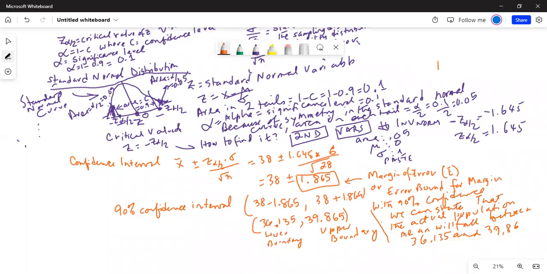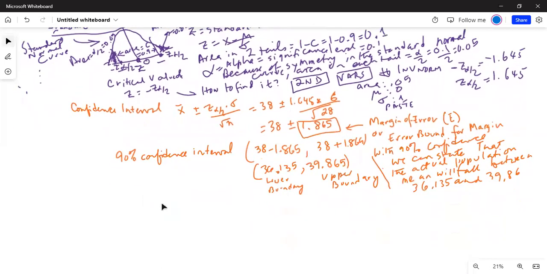Now the same thing can be done with the calculator. So I'll show you how to do it with the calculator.